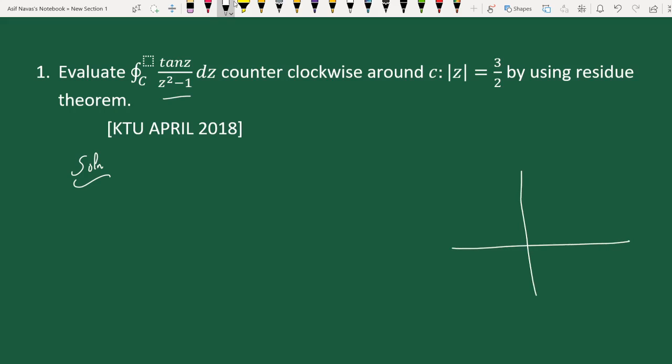So what is our curve? C is mod z equal to 3 by 2. This is a circle with center 0 and radius 3 by 2, so 3 by 2 and minus 3 by 2.